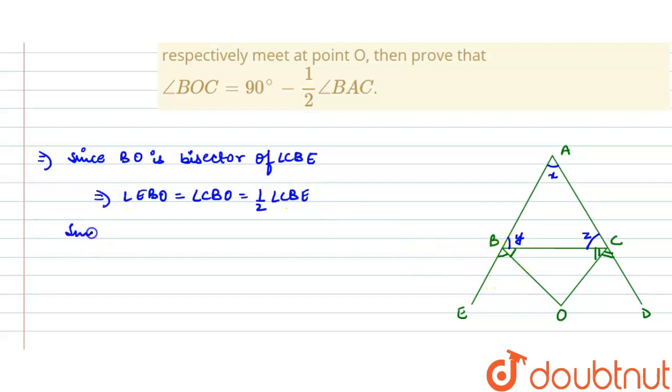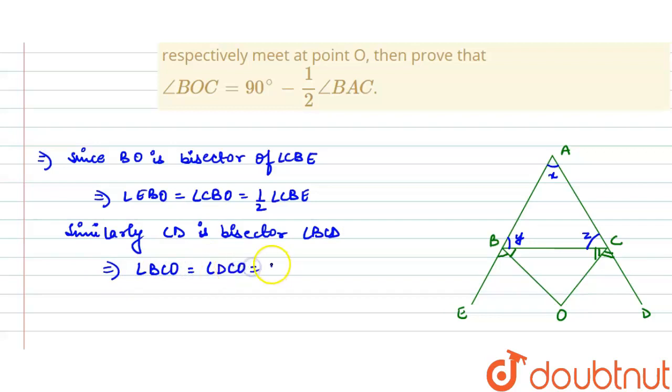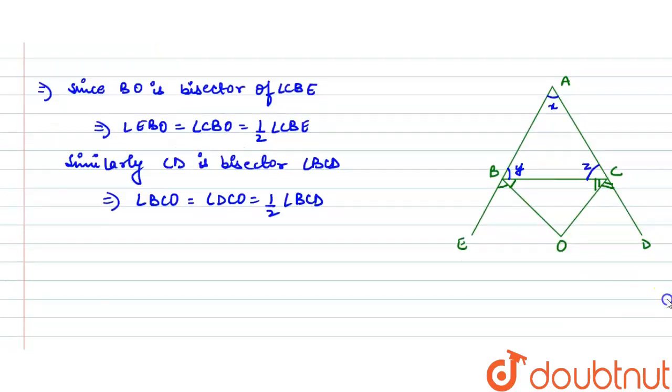And similarly, CO is the bisector of angle BCD. So angle BCO is equal to angle DCO, which is equal to half of angle BCD. Now these are the two results.